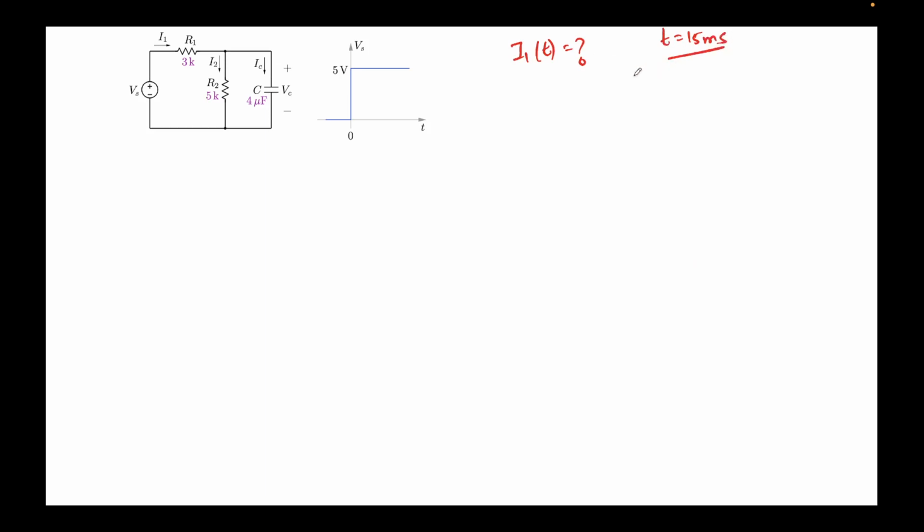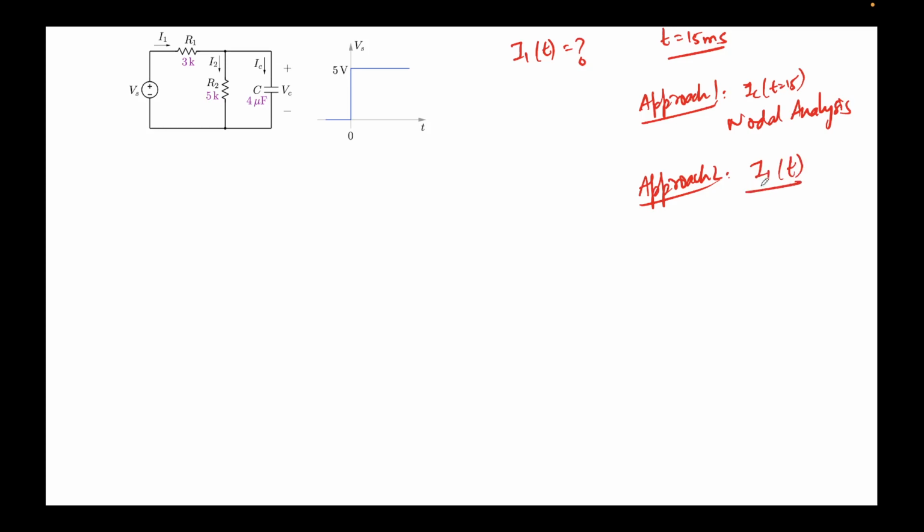So we want to find I1 as a function of time, and then we'll simply put t equal to 15 milliseconds. Actually, there are two ways of doing it. Approach one can be, you find IC at t equal to 15 and then do a nodal analysis. And approach 2 would be, you obtain I1 as a function of time itself.